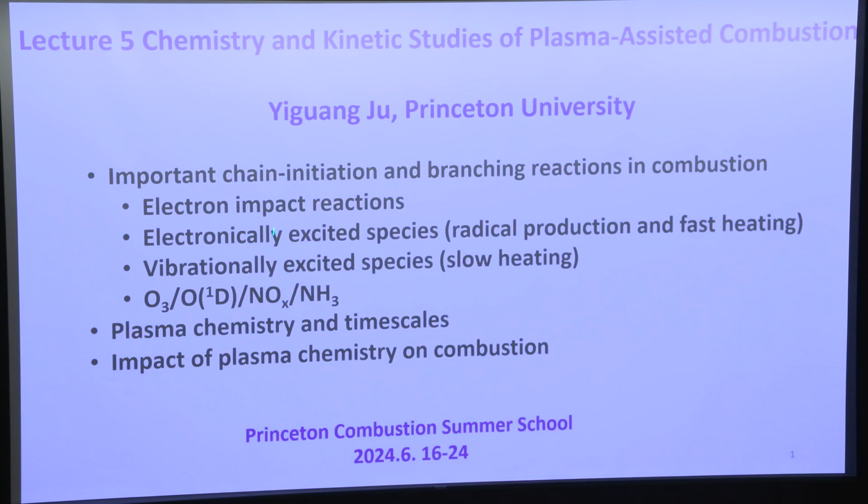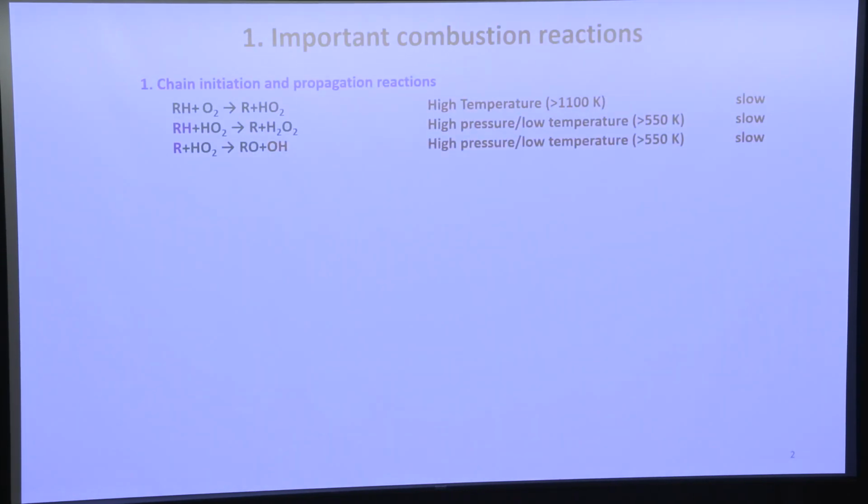Plasma can generate electron impact reactions for excited species, electronically and vibrationally. It also generates fast heating and slow heating, and generates ozone, O singlet, NOx, and many other things, on very short time scales. Then we really understand how the chemistry of plasma affects combustion from an elementary kinetics point of view.